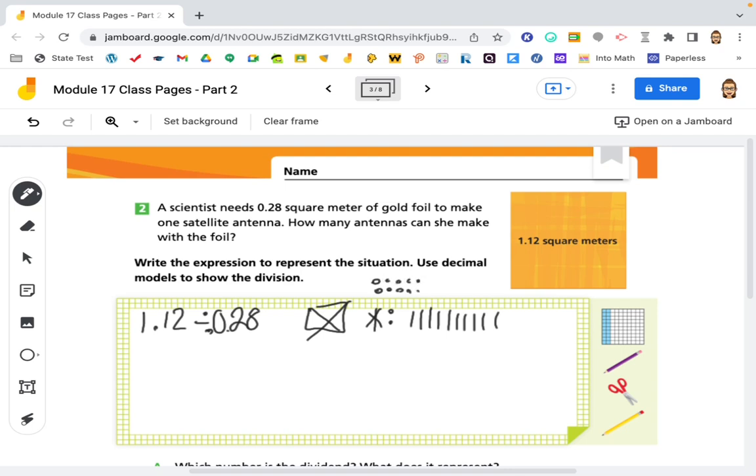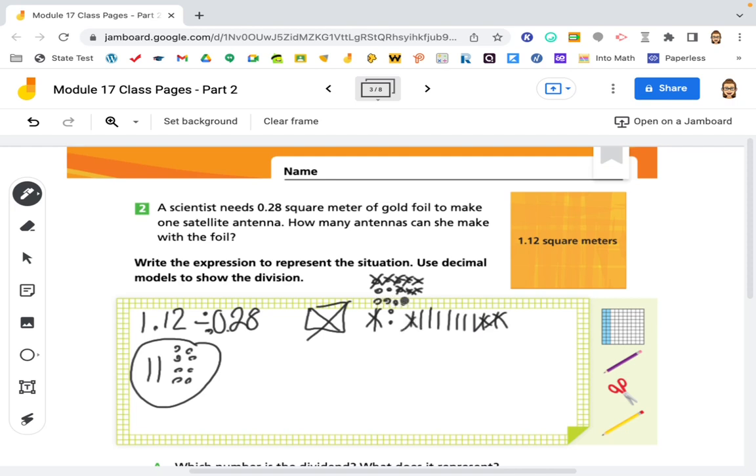So we're going to start with 2, and then 1, 2, 3, 4, 5, 6, 7, 8. So that means I'm going to cross off 8 of these. And I'm going to cross off 2 of these. Okay, I don't have enough hundredths then. So I'm going to cross this one off.